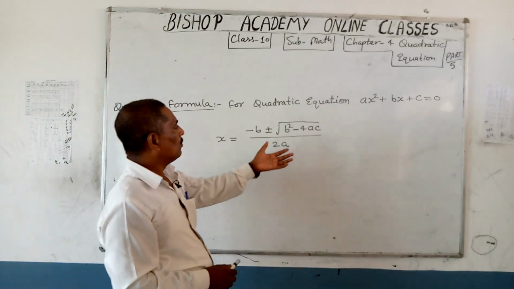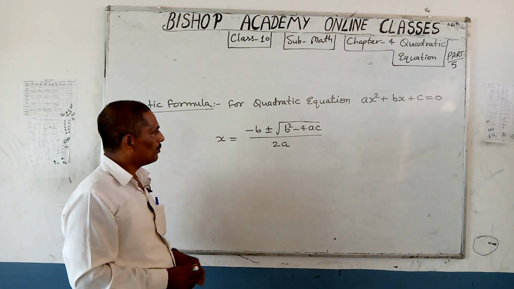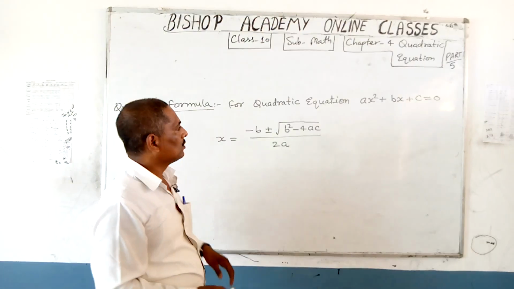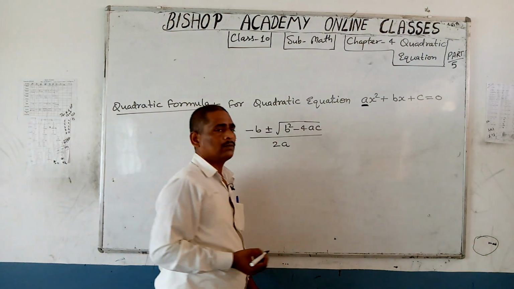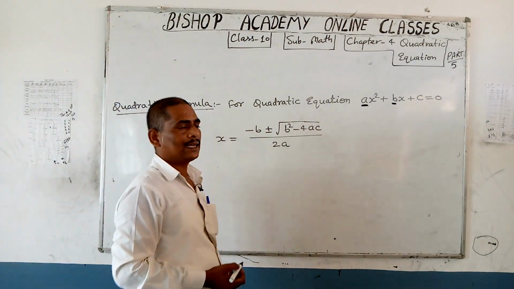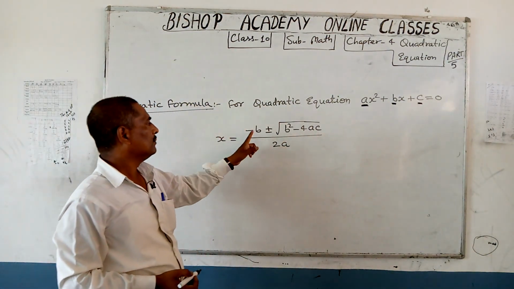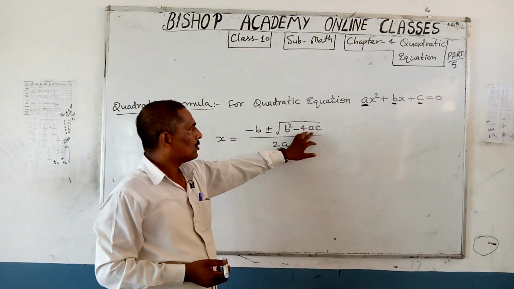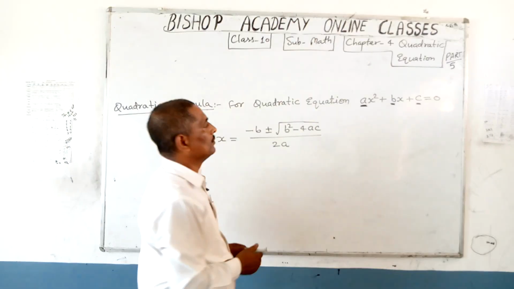Here you have to understand what b square minus 4ac is. Before this, you should know what a, b and c are. a is the coefficient of x square, b is the coefficient of x, and c is the constant term.